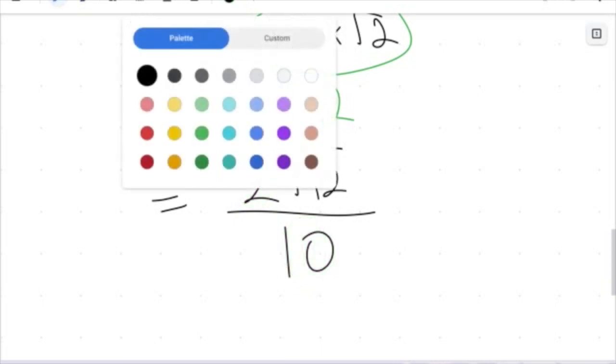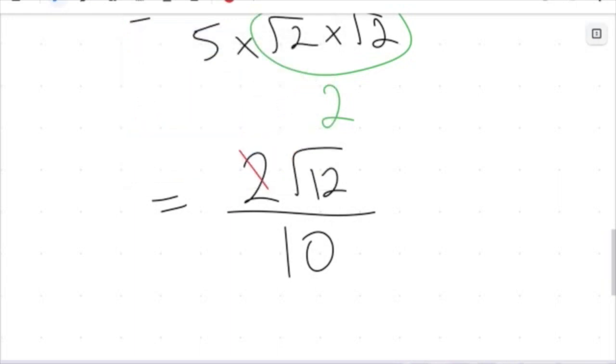That's going to be the number 2. So I can simplify this fraction. The 2 becomes 1, the 10 becomes 5, which gives me just root 12 over 5.